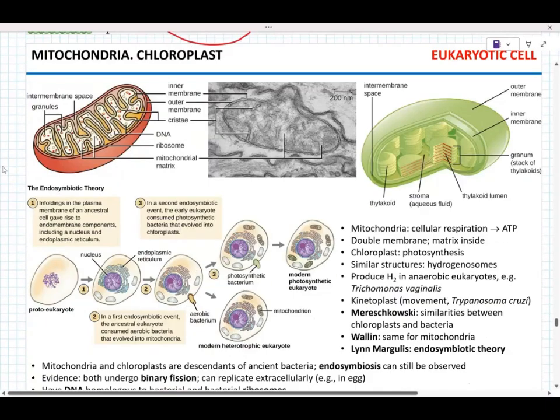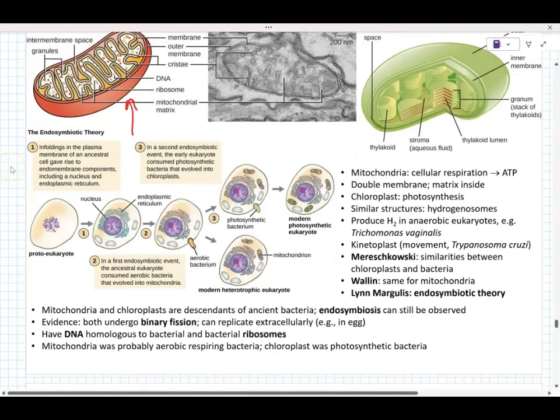That brings us to mitochondria and chloroplasts. Well, first of all, this is indeed the powerhouse of the cell. Mitochondria used to be an independent aerobic bacterium that could perform aerobic respiration.